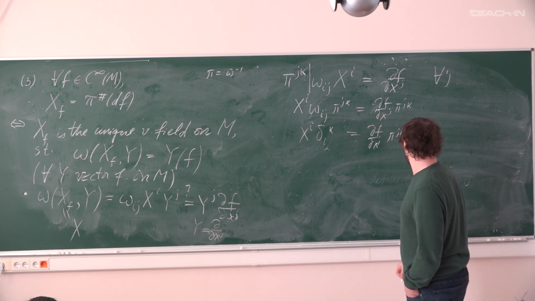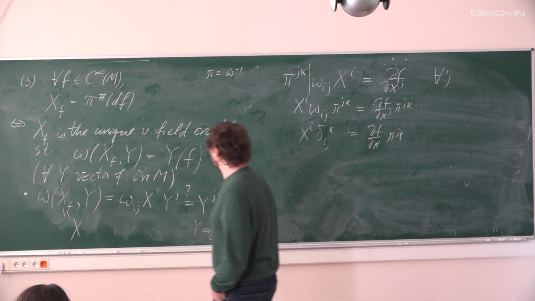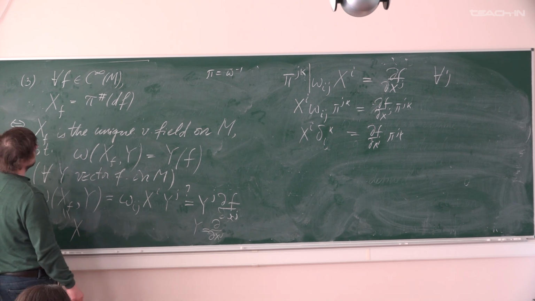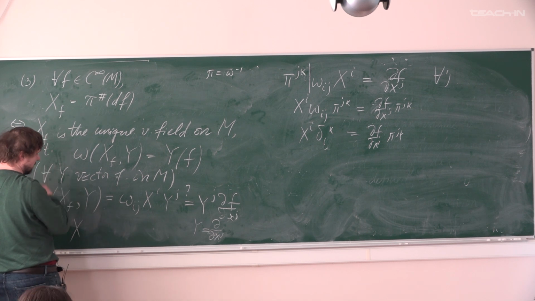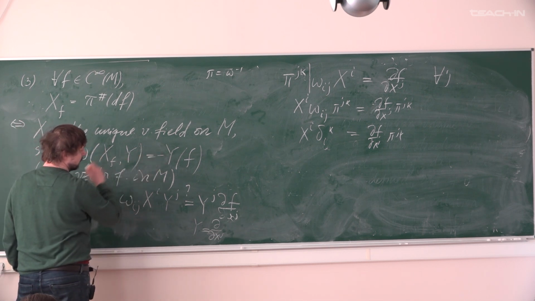And up to the sign, which I promise I will never remember myself, and I probably never ask you to remember, because actually the choice of sign is totally free. You can choose it in any way you want. So it's probably better to put minus here.